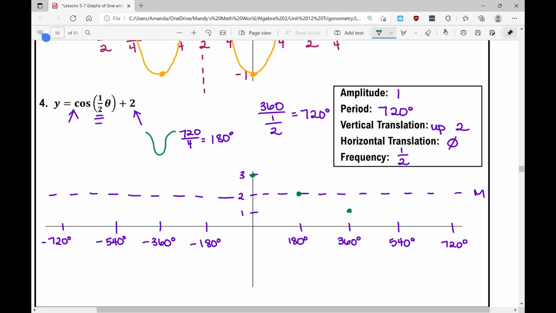At 540 degrees, my next tick mark over, I go back to mid, and then the last one, I go up to the high. And that is what one cycle looks like. The length of that cycle is 720 degrees.